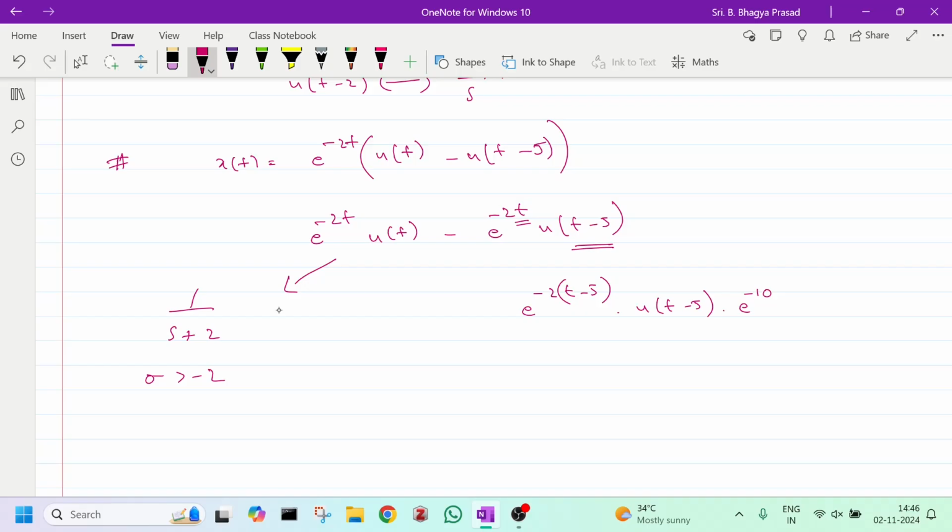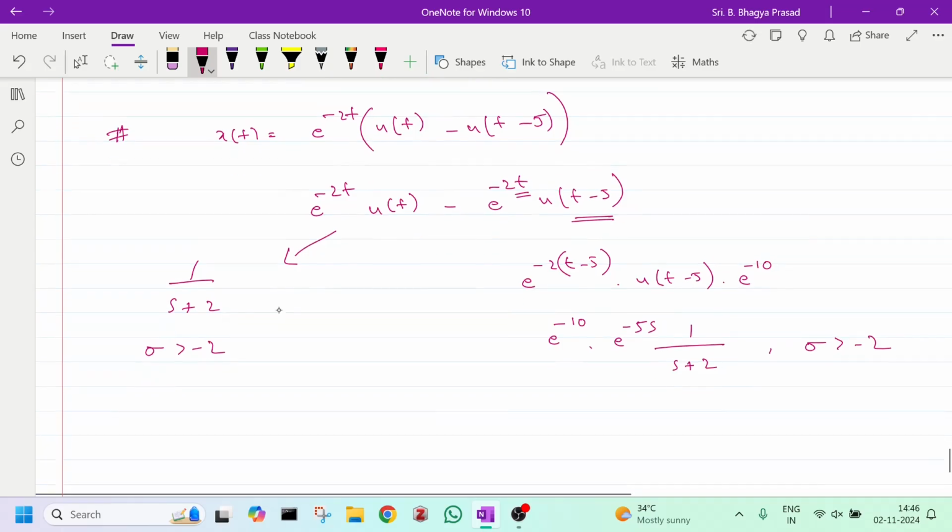Okay, and this is e power minus 10. So e power minus 5s, 1 by s plus 2. Okay, so the ROC is sigma greater than minus 2. The time shifting property is applied here also.